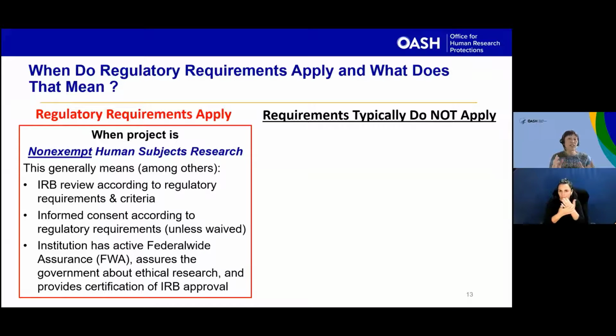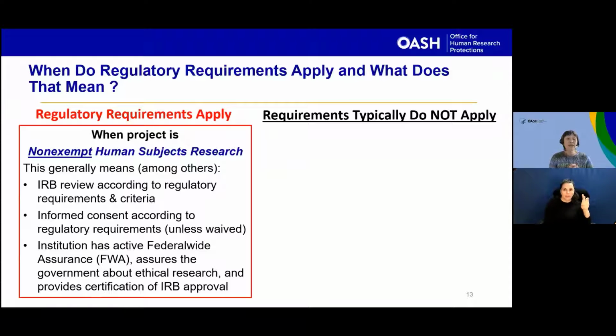All those criteria are stipulated in the regulations, and the reviewers need to comply with what's written in the regulations, right? It also generally means that informed consent would be required for the research, unless that's waived by the IRB.